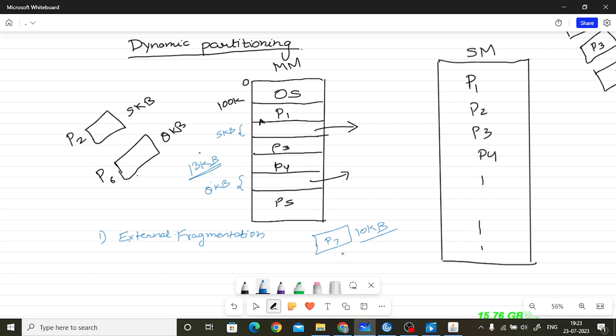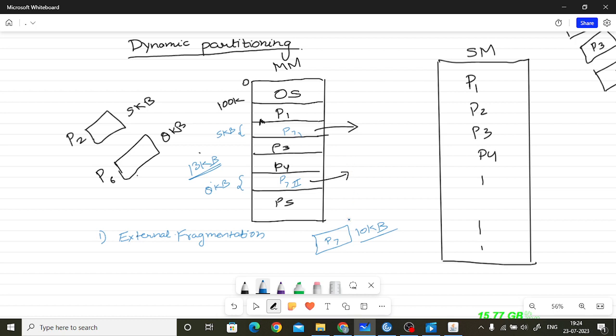Let's say we divide the P7 process into two parts, 5 KB and 5 KB. P7 1 of size 5 KB will be placed here, and P7 2 of size 5 KB will be placed here. So we have accommodated our process completely into the main memory, but not in a contiguous manner. We have divided the process.